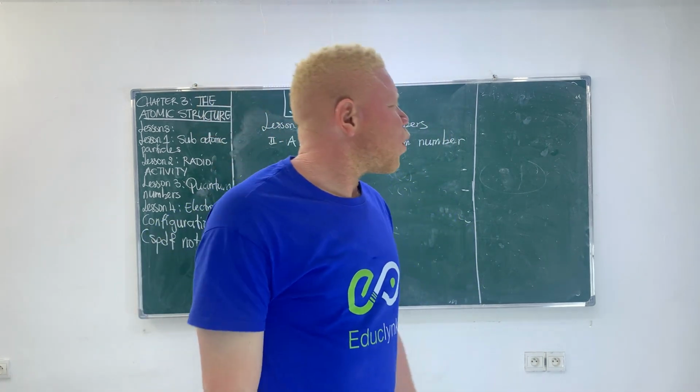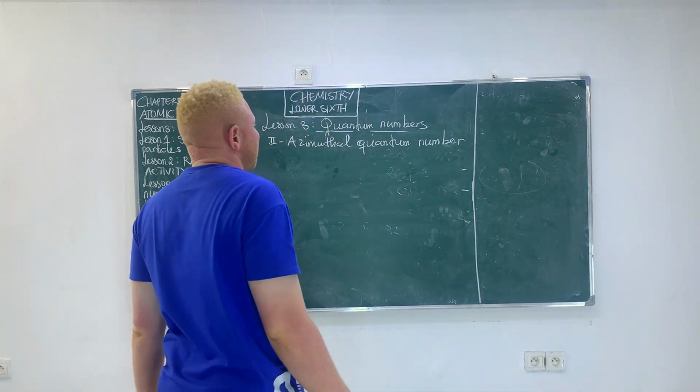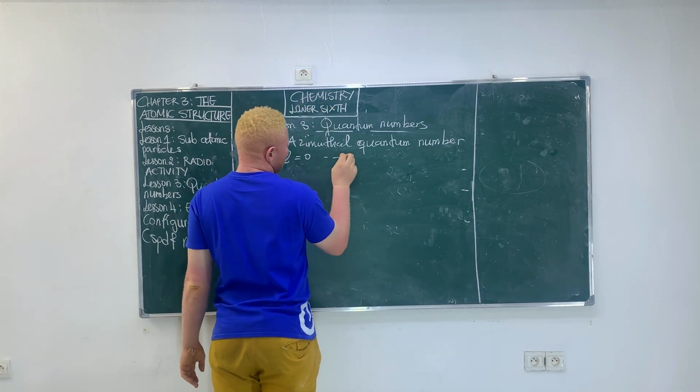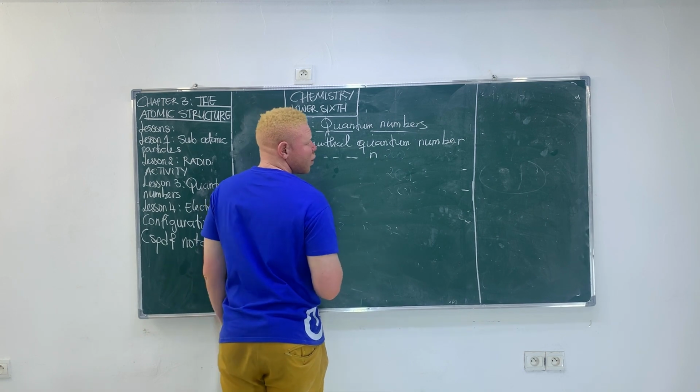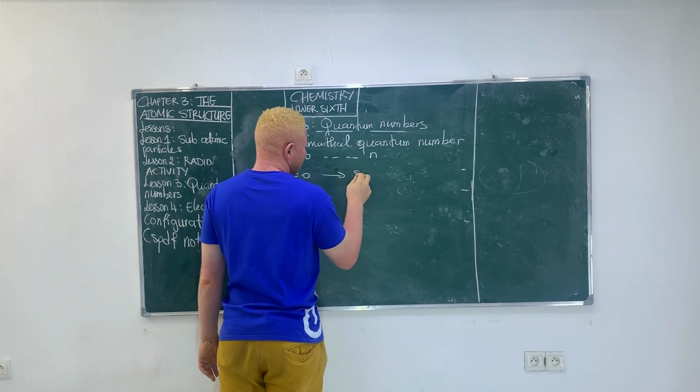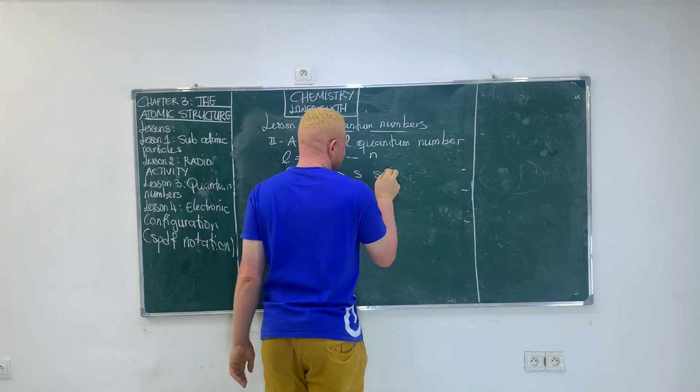The azimuthal quantum number starts from l equals 0. For l equals 0, we have the s subshell.